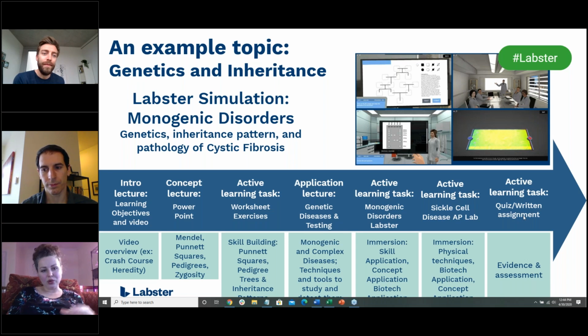I focus more on those type of things for AP biology when it comes to advanced concepts that are not typically covered in detail for regular biology, right? Like stem cell culture, viral gene therapy. You can introduce that concept to your regular biology class, but to really understand it in a way that they can apply it and immerse themselves with it, it might be a little too advanced.